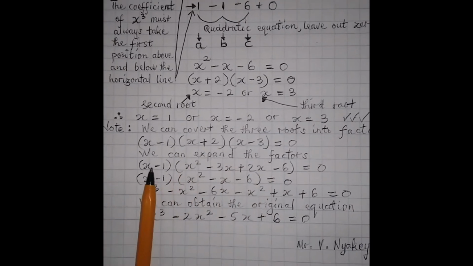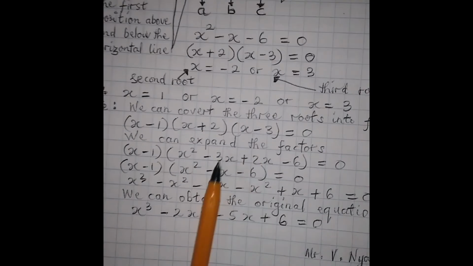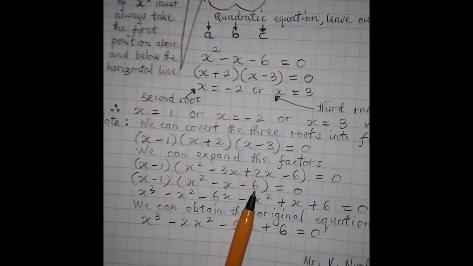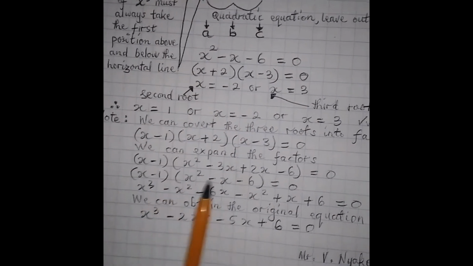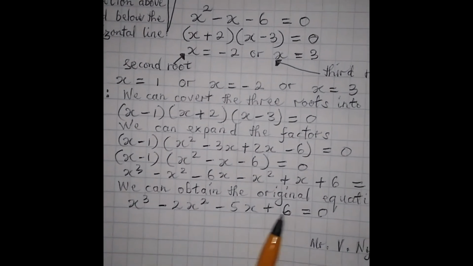So I maintain the first bracket, I first expand the last 2 brackets, I get the results, I simplify it, I get a quadratic, like the original quadratic that we got earlier. Then after that, you expand with the first bracket. Eventually, you will arrive at the original equation.